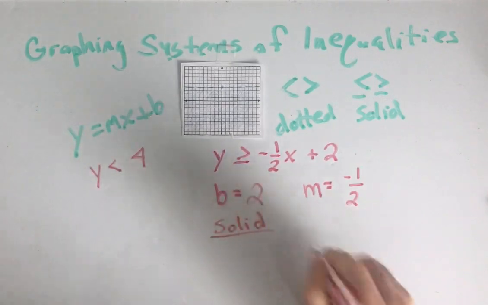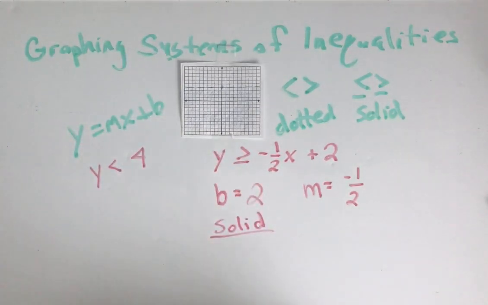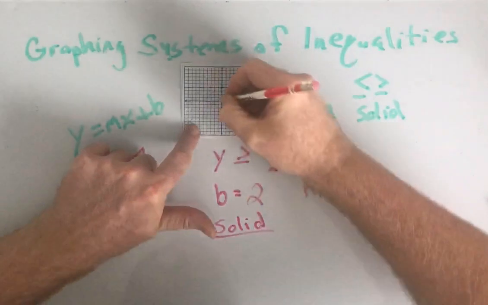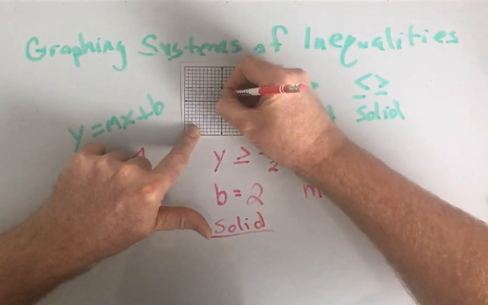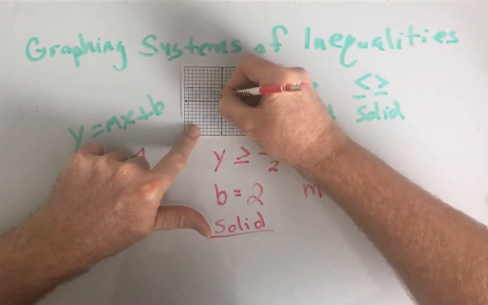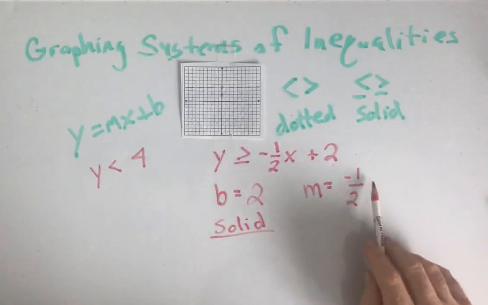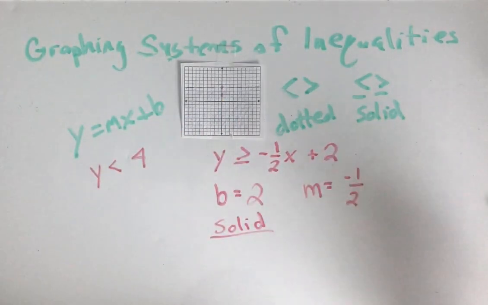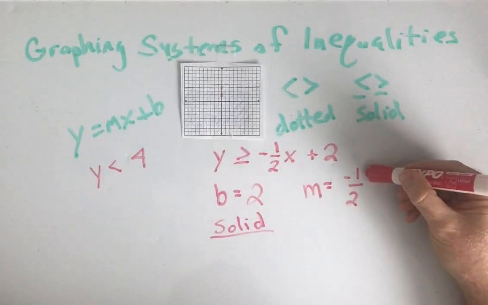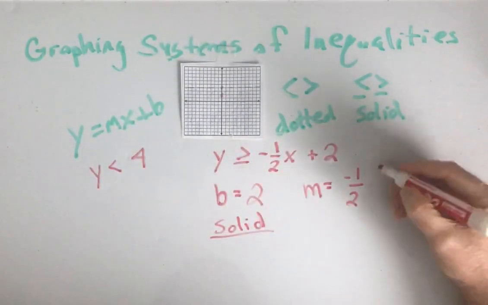Okay. All right, so let's draw that line. It's a solid line, and this time I'm going to use red. And so my y-intercept is 2, so I'm going to go up 2, 1, 2, and make my y-intercept right there. Now my slope is negative 1/2. Now if you'll remember, slope is rise over run.